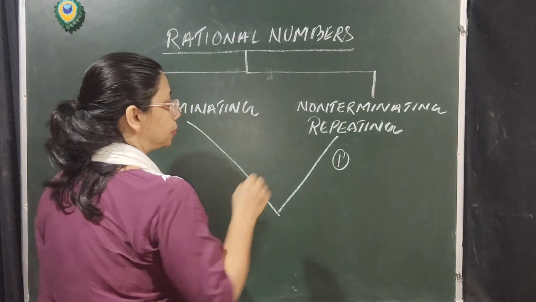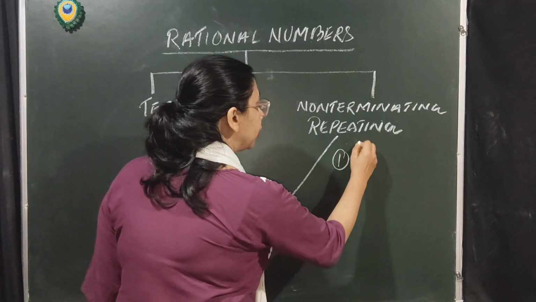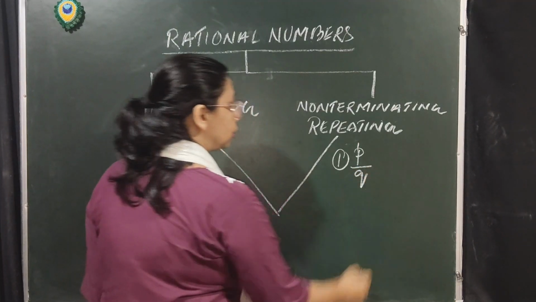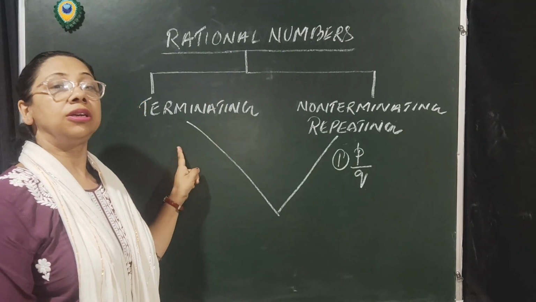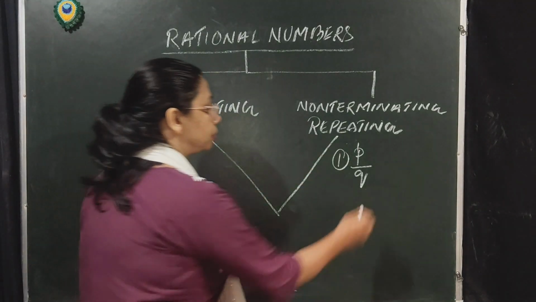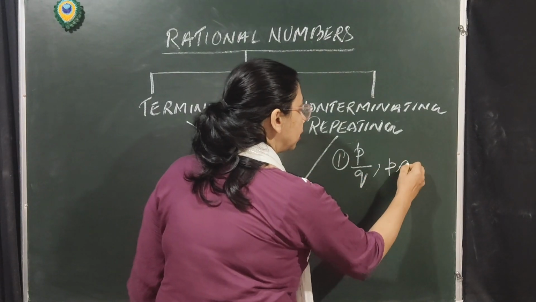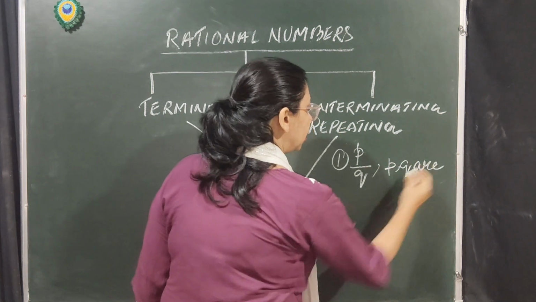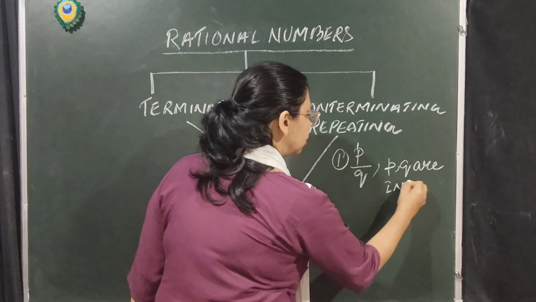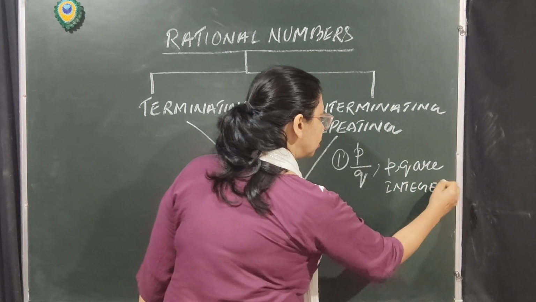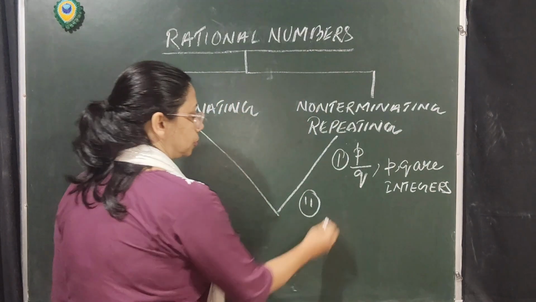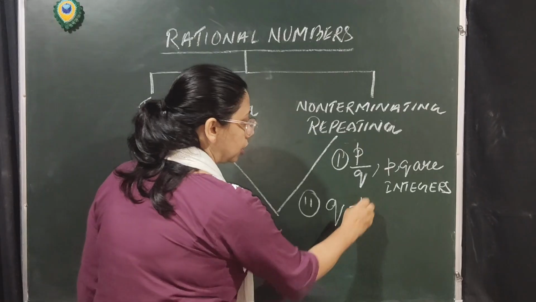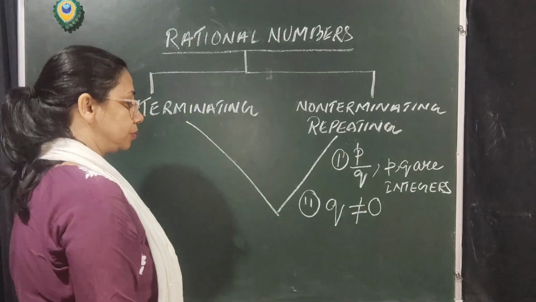Number one, we can represent these types of decimals in P by Q form, where P and Q are integers. Number two, Q cannot be equal to 0.